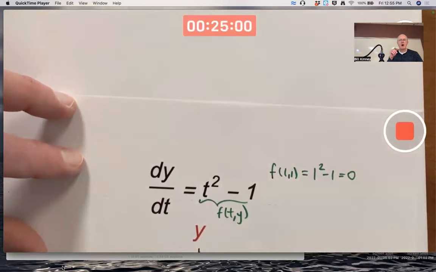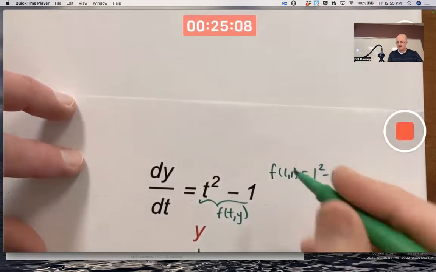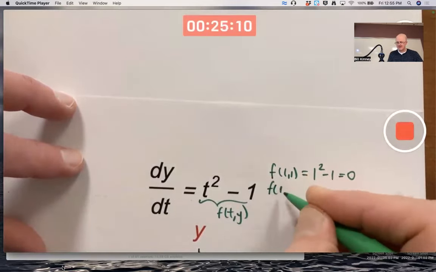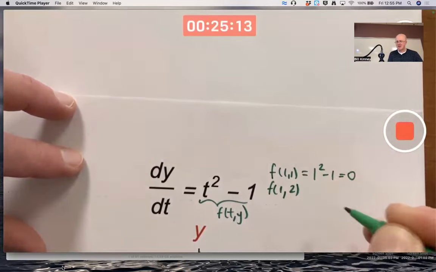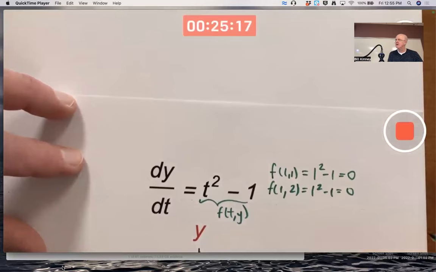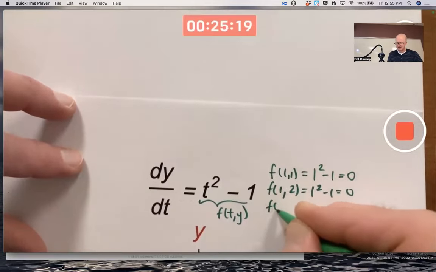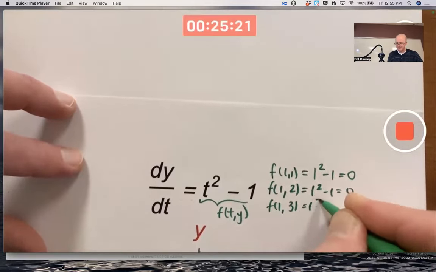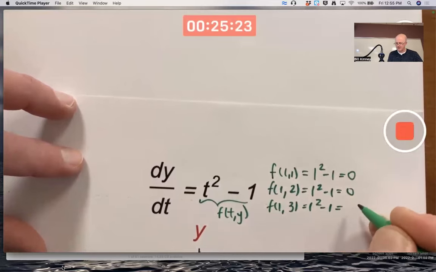So at the point 1, 1, I'd want to draw a little line segment that's horizontal. Slope of 0. In fact, if t is always 1, it doesn't matter what y is. I'm still going to get a slope of 0 because I only plug in t equals 1.